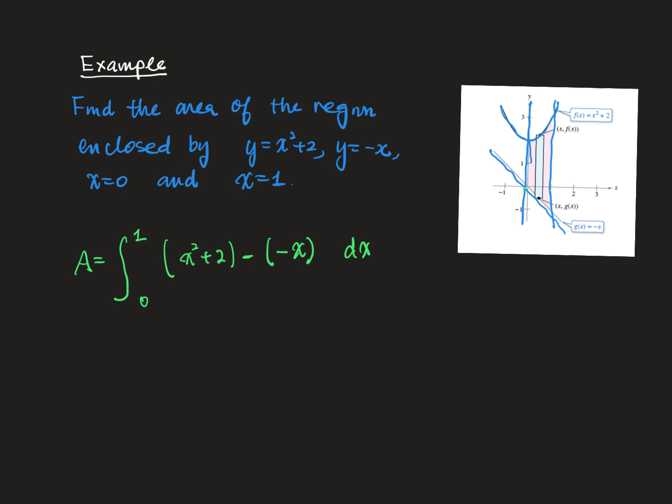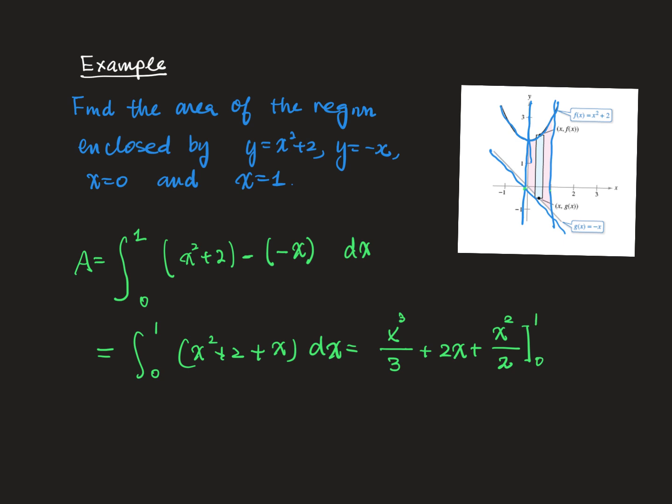Let's find the area between the two curves. This one is going to be the integral from 0 to 1 of x squared plus 2 plus x dx. What is the antiderivative of x squared? It's x cubed over 3, since 2 plus 1 is 3. Plus 2x plus x squared over 2, from 0 to 1.